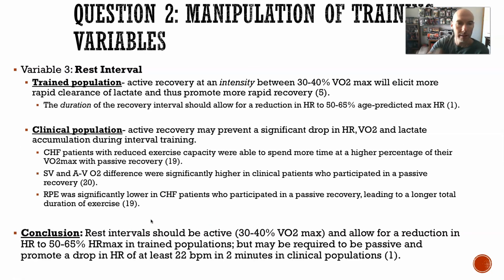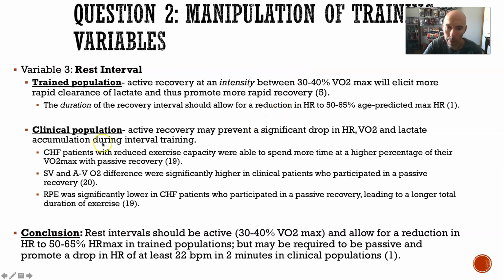Third variable is rest interval length. So we saw how long we have to work. Now the answer is how long do we have to recover? First of all, it has been found that an active recovery is going to be more effective in a trained population. Okay. An active recovery is defined as continuing to move at a low intensity corresponding to 30 to 40% of one's VO2 max. Okay.